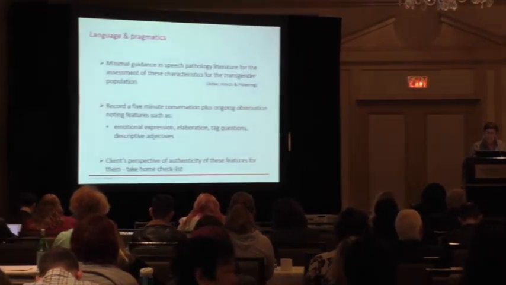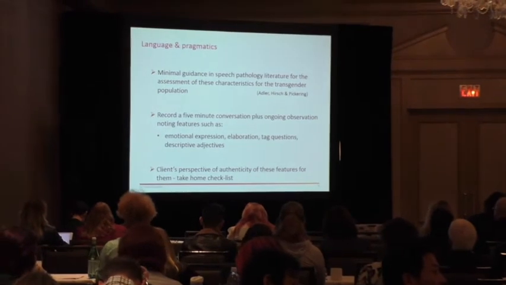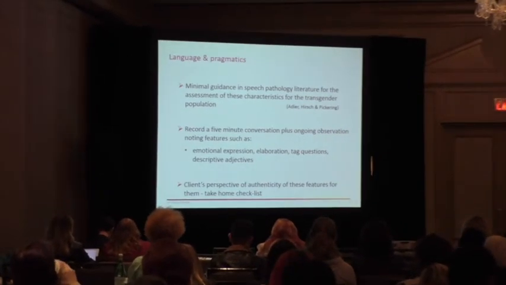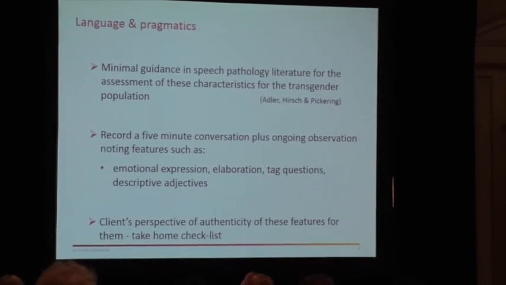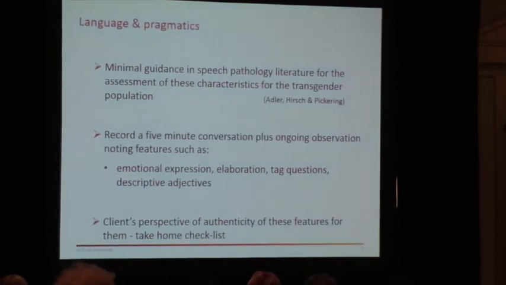In terms of language and pragmatics, there's minimal guidance in the speech pathology literature for assessing these characteristics in the transgender population. There's some information in the Adler-Hirsch and Morda book, and hopefully a little more in the soon-to-be-released Adler-Hirsch and Pickering book.